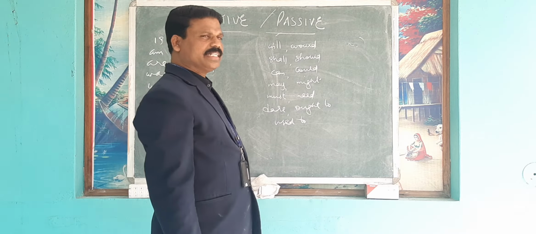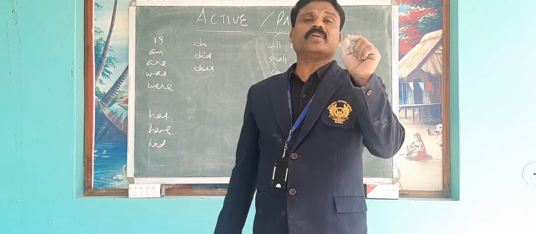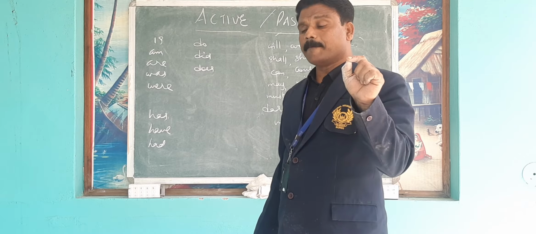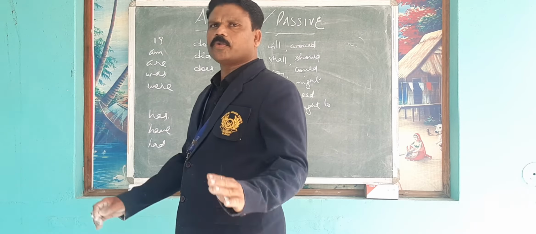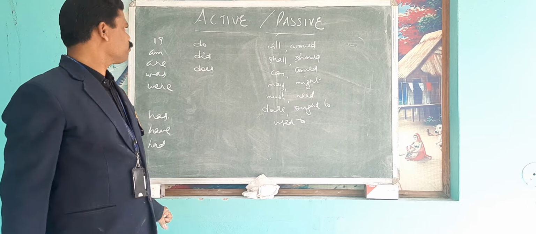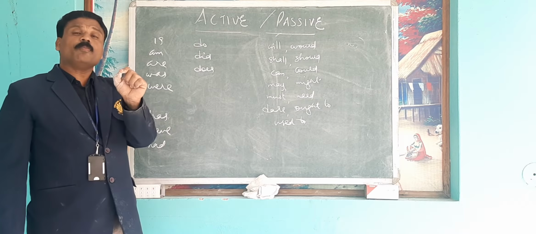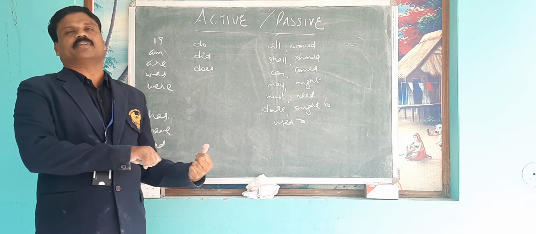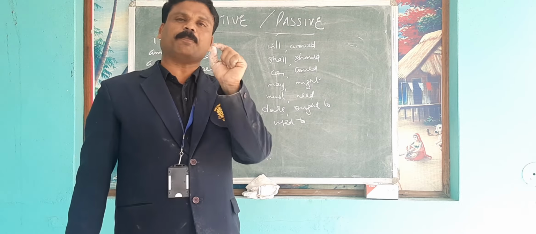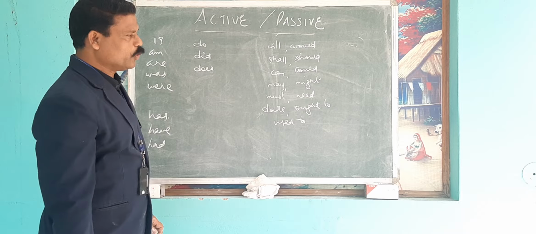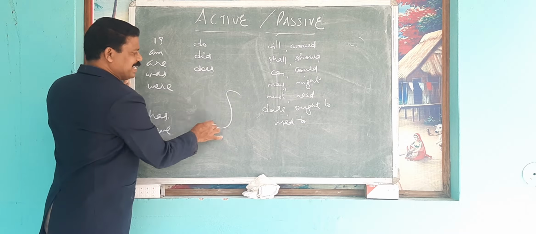So, we have learned that there are 11 primary auxiliary verbs and 13 modal auxiliary verbs. Total 24 helping verbs. Among the 24 helping verbs, how many are singular and how many are plural? And as you know, singular ends with s.